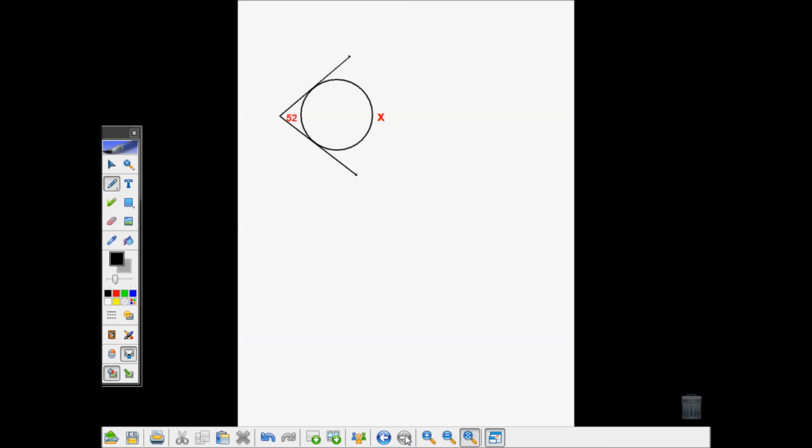So again, where do they intersect? Outside the circle, right here. Outside, I know my formula is angle equals 1/2 big arc minus small arc. I didn't want to write those out, so I just capitalized the B and the S. So big arc minus small arc.